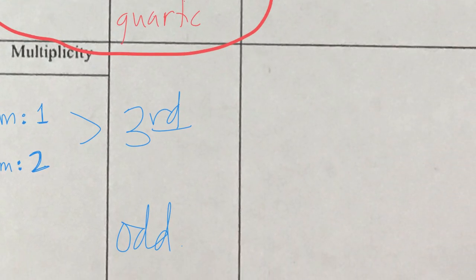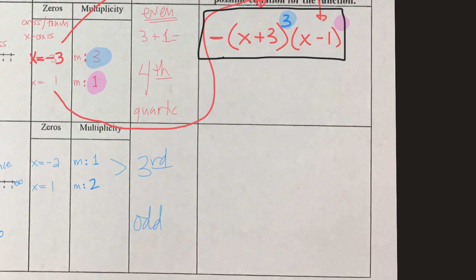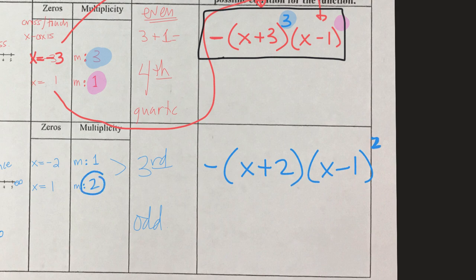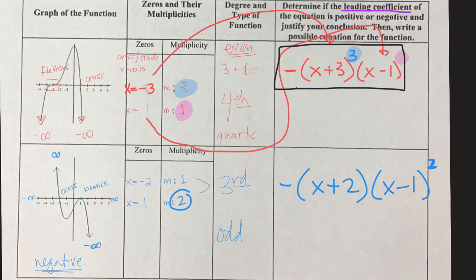So when we come over here to write our equation, right, we're going to put a negative in front because we have a negative polynomial. And then x plus 2 is the factor for x equals -2, and then x minus 1 to the second power, since we have a multiplicity of 2, is going to be your factored form for an x value of +1.